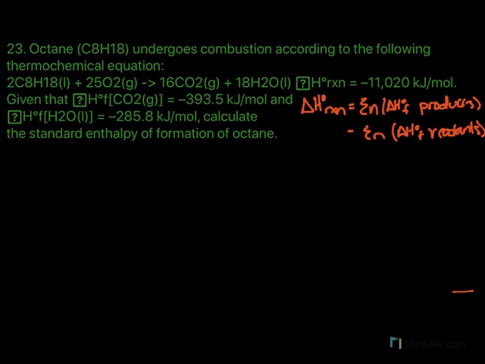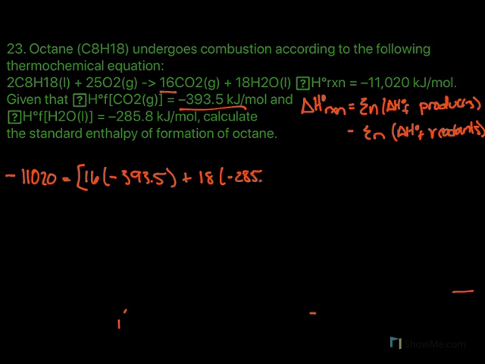So if we just plug in all these numbers, we get negative 11,020 is equal to 16 times negative 393.5 plus 18 times negative 285.8 minus 2 times the number we don't know, the enthalpy of formation of octane.